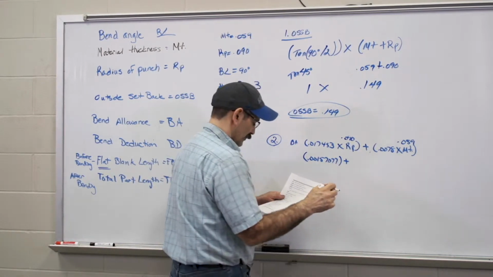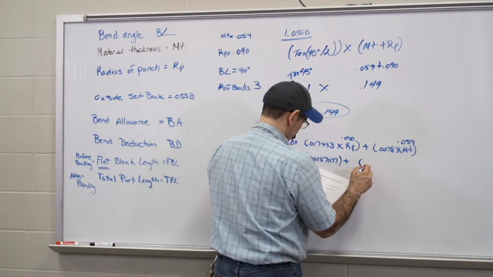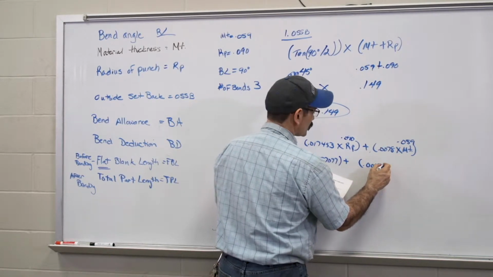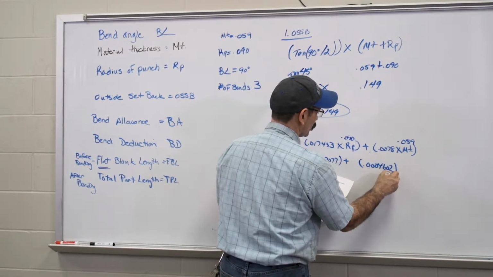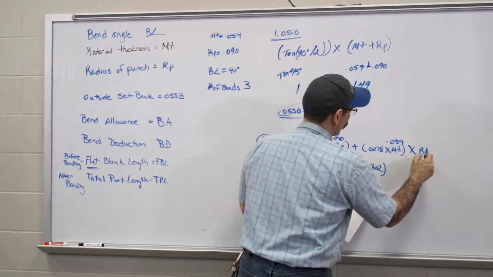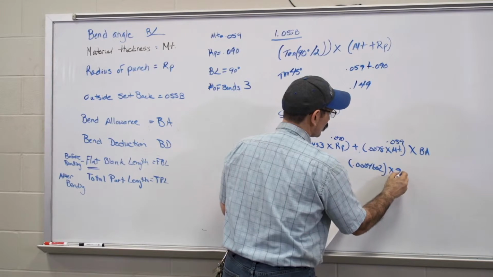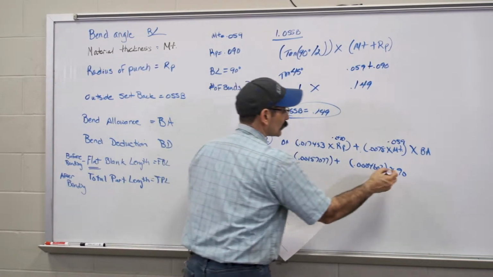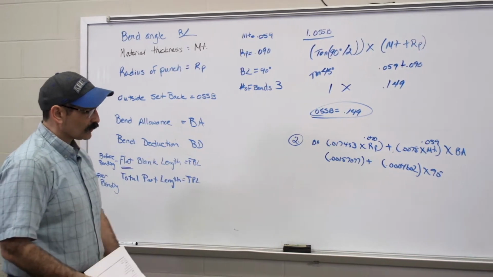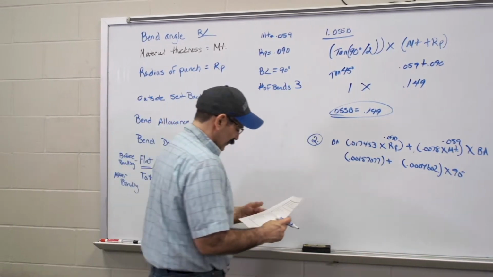Plus 0.00462. And then we're going to times that by the bend angle. So times 90 degrees. A little degree sign on there for you. Times 90 degrees. Holy buckets. Keep up.